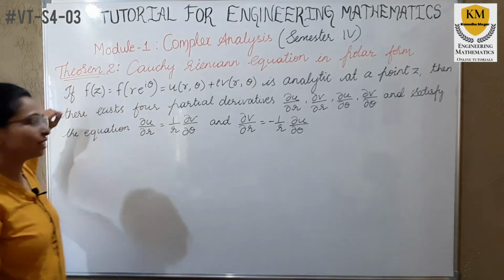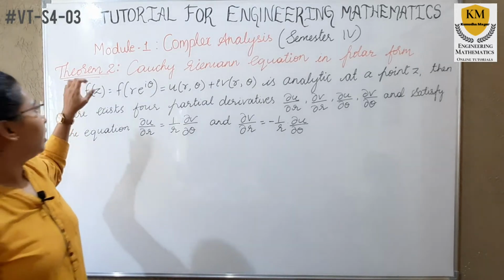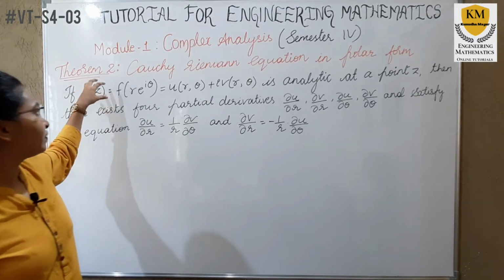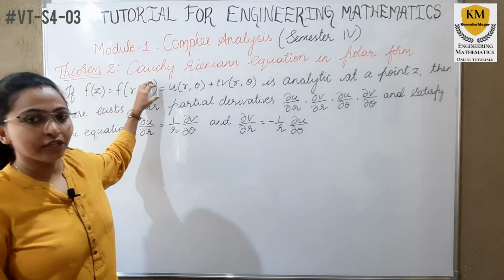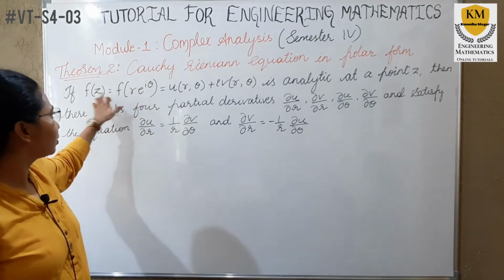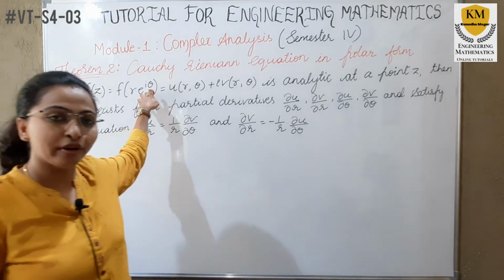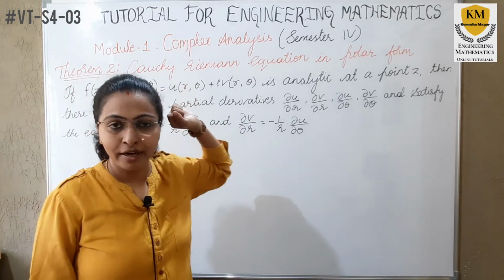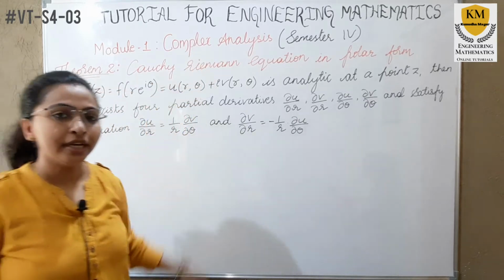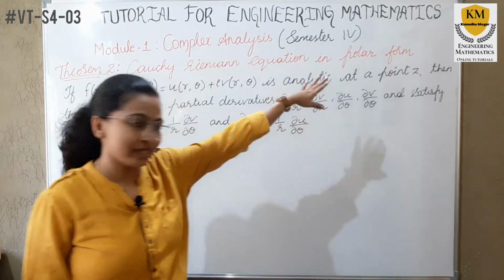So the statement is like that: if a complex valued function f of z is equal to f of r comma e to the power i theta, we know that z is equal to r into e to the power i theta. That also can be written in polar form as u of r comma theta plus i v of r comma theta, is analytic at a point z.